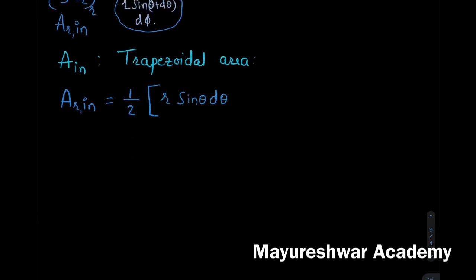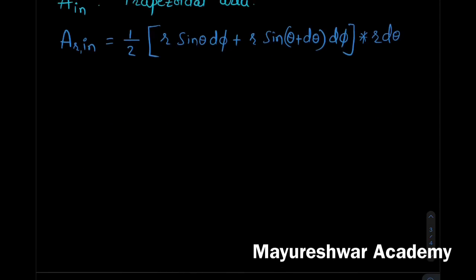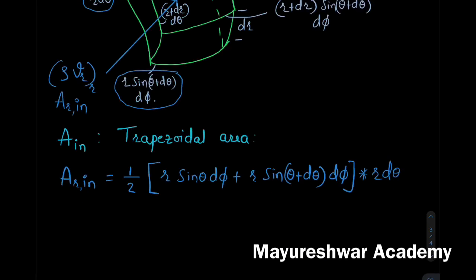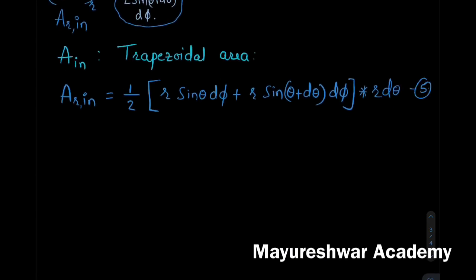So 1/2 of r sine theta d phi plus r sine of theta plus d theta times d phi, multiplied by r d theta. Okay, so here we need to use a trigonometric identity. Let us mark this as 5.